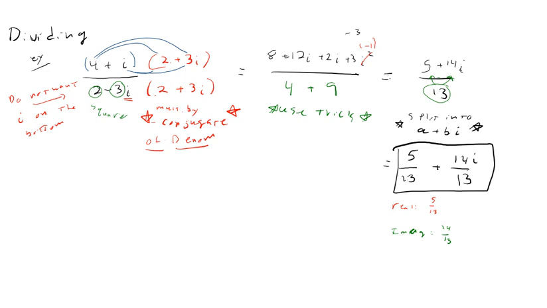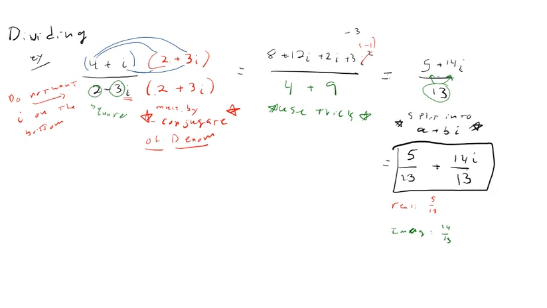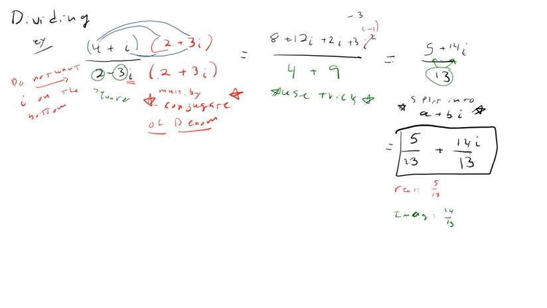Should we try one more? Divide 6 over 7 minus i. Take a minute right now. Try this one on your own. I'm going to check in 30 seconds.